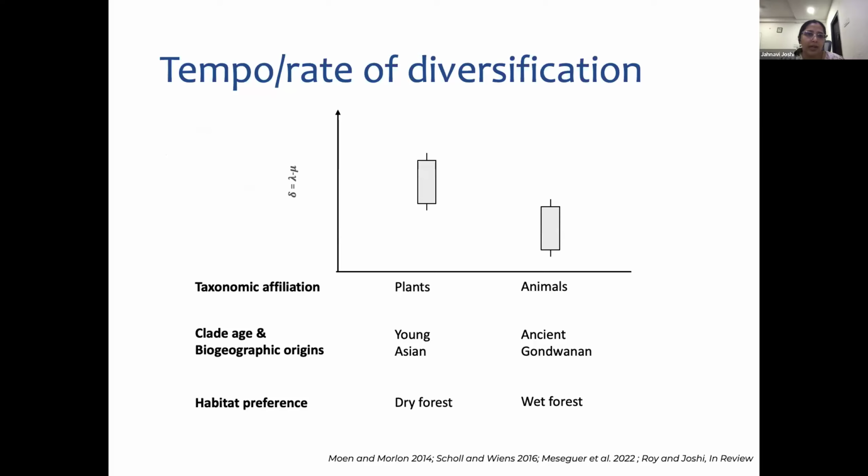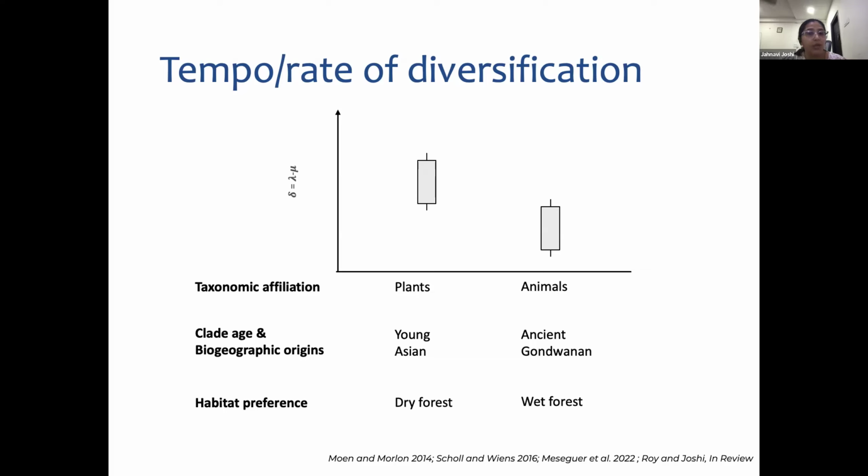So first we looked at the mode of diversification, and based on the literature and intrinsic factors of the organism, the literature suggests that plants have higher diversification rates as compared to animals. Given we have both Gondwanan and Asian elements in peninsular India, Gondwanan elements are largely wet zone specialists, suggesting they are retaining their ancestral niches, showing niche conservatism.